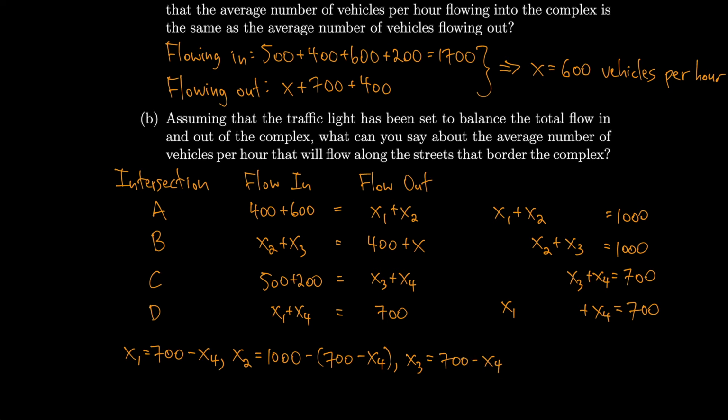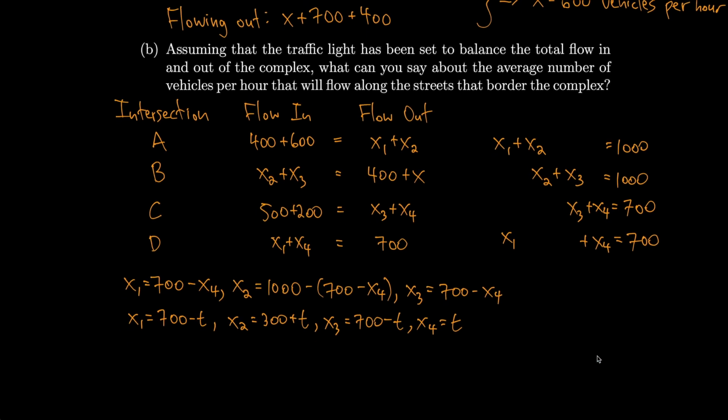So we just use these equations. Notice that in this case our x4 is our free variable. So how about we just make that some parameter t. So I'll say that x1 is 700 minus t, x2 is 300 plus t, x3 is 700 minus t, and x4 is just t.